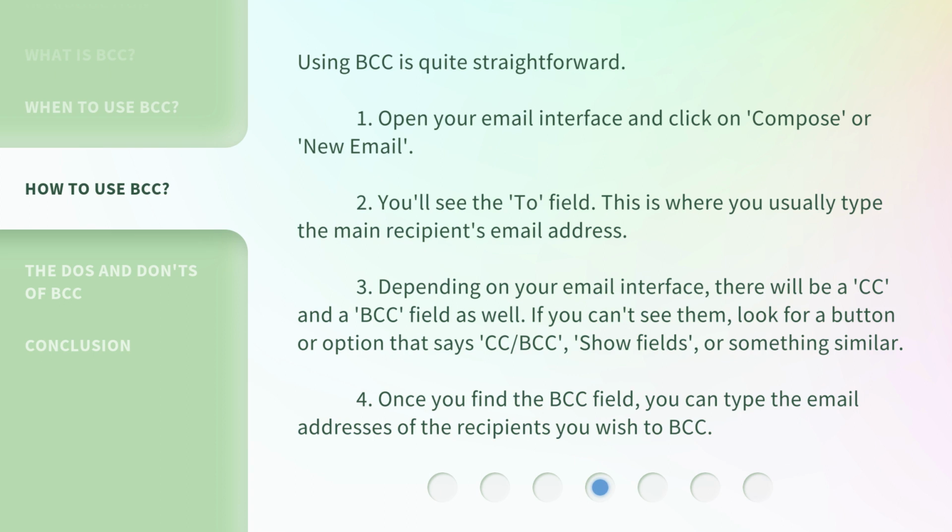If you can't see them, look for a button or option that says CC, BCC, Show Fields, or something similar. 4. Once you find the BCC field, you can type the email addresses of the recipients you wish to BCC.